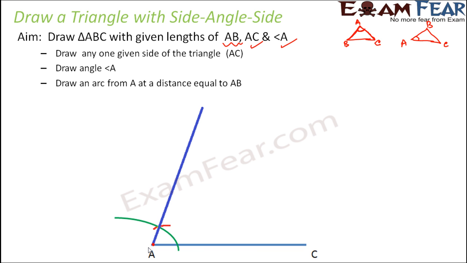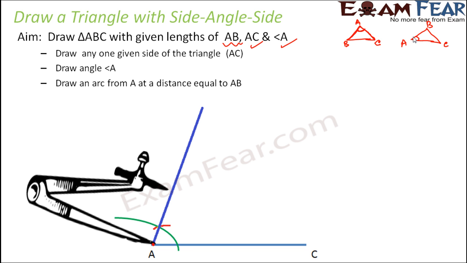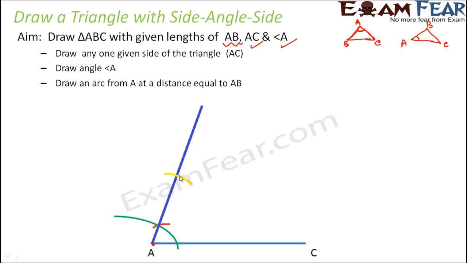That means you take the compass and adjust its opening by placing it on a ruler such that the opening of the compass is exactly equal to the length of AB. Once you have done that, you place the compass here and draw an arc, and that's how you draw this arc.